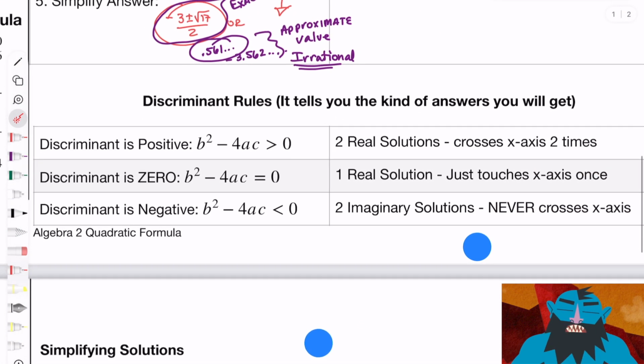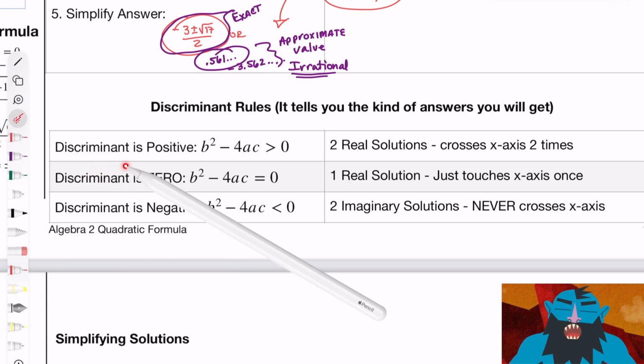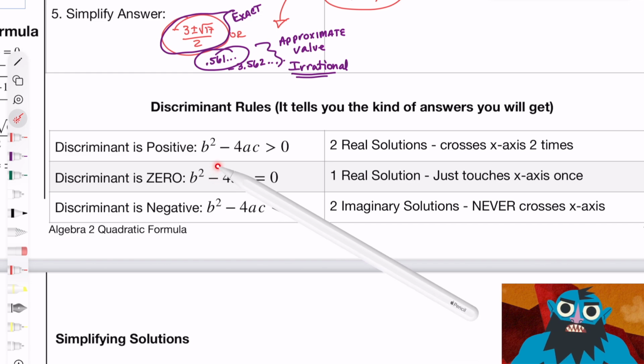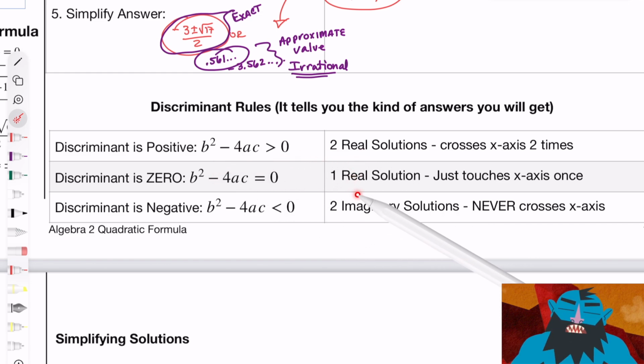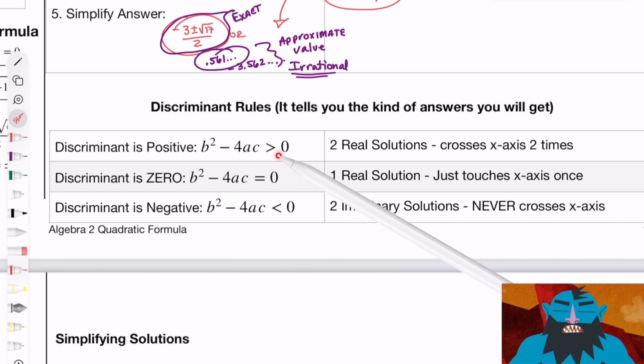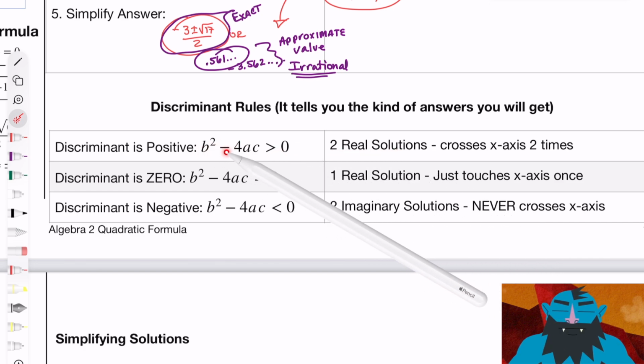A very common thing to do is determine your discriminant first, and then once you know the discriminant, you can determine what kind of solutions you're going to have, not exactly what they are, just what kind they'll be. So if your discriminant is a positive number, greater than 0, then you always get 2 real solutions because you're square rooting a positive number.